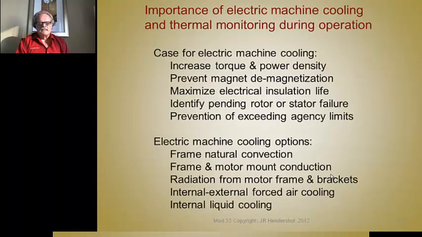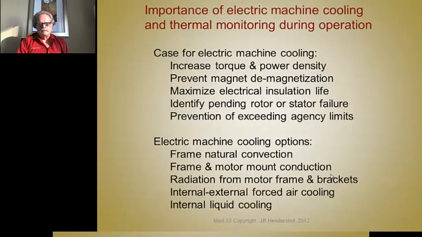You can prevent magnet demagnetization. You can maximize insulation life and identify even pending rotor and stator failures, and you can make sure that your motors comply with agency limits and that they don't exceed agency thermal limits.